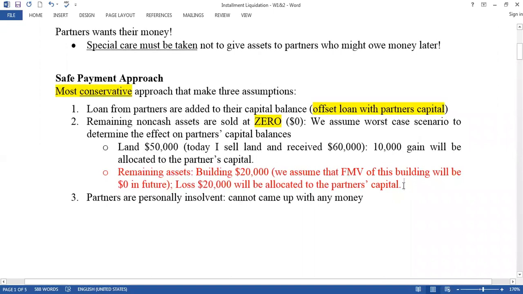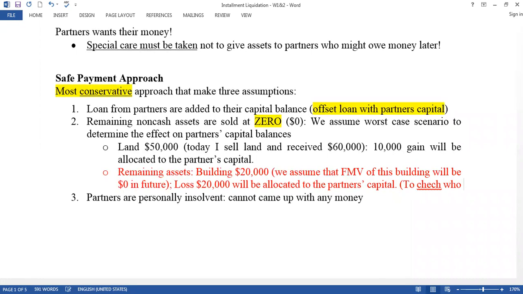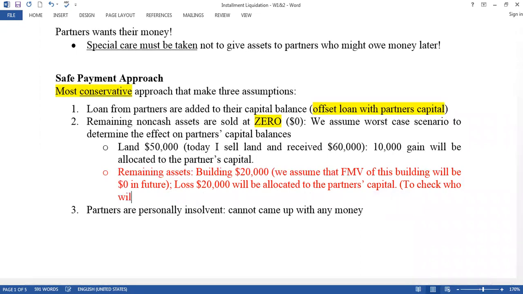So why do we do this? To check who will have the surviving ability. Because look here, this $10,000 is the gain, and this $20,000 is the loss.